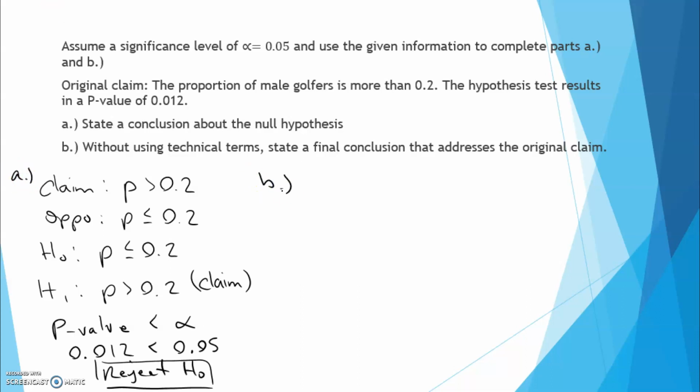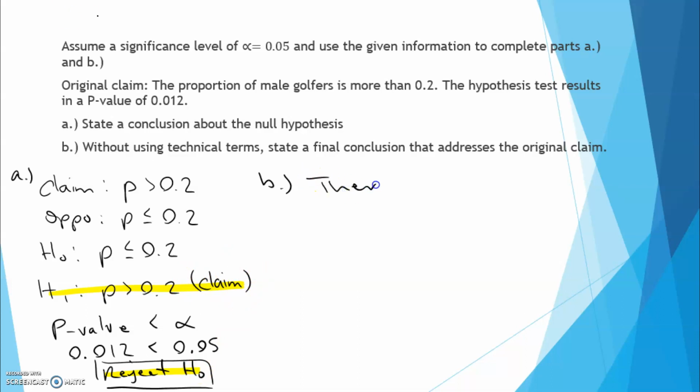Part B, this is basically step 8, put everything back into English. We're going to reject H sub 0. The claim was with H sub 1, so I'm not going to reject H sub 1 because I'm rejecting H sub 0, which means I'm not rejecting the claim.